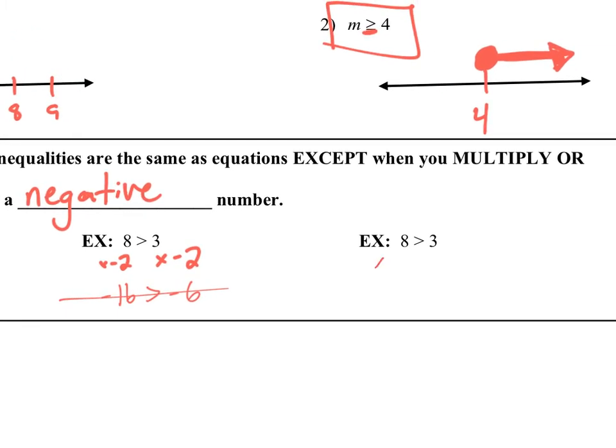So if you multiply by a negative number, what we end up having to do is flip the symbol, and then it will be true. So you take the symbol and you flip it.